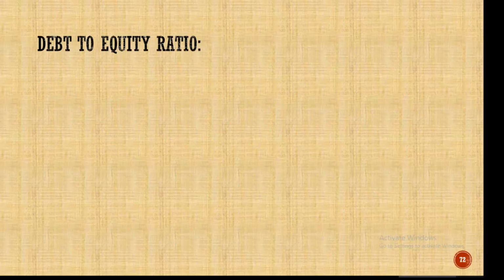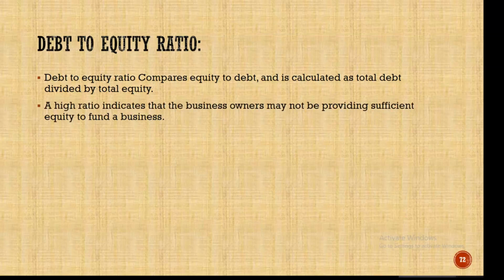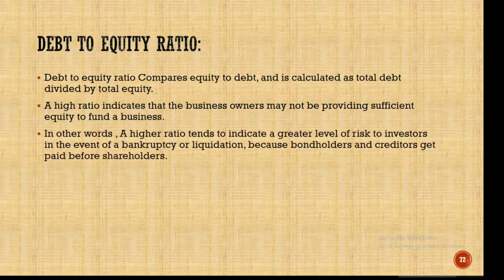Next is the debt to equity ratio. Debt to equity ratio compares equity to debt and is calculated as total debt divided by total equity. Here, a high ratio indicates that the business owners may not be providing sufficient equity to fund the business.